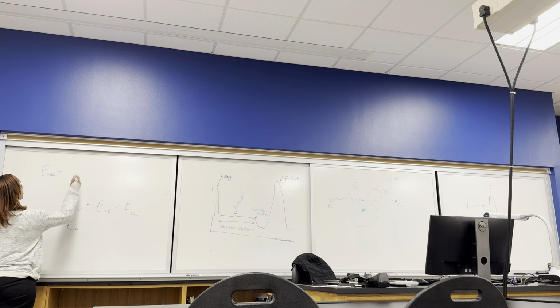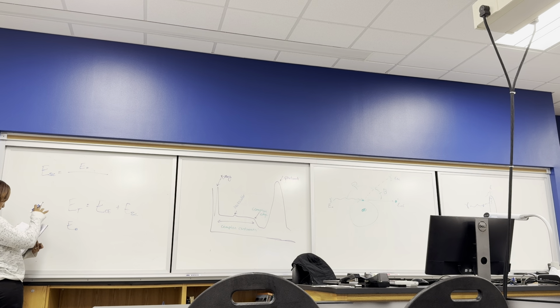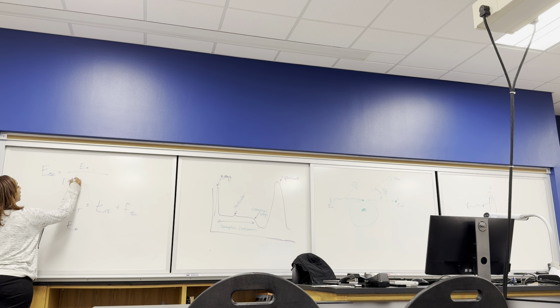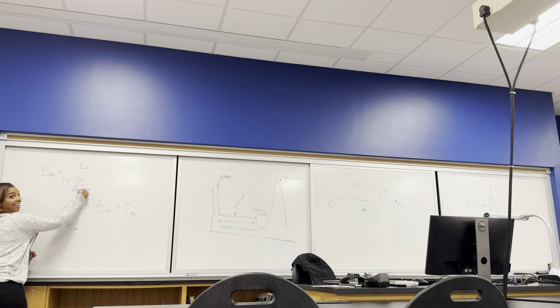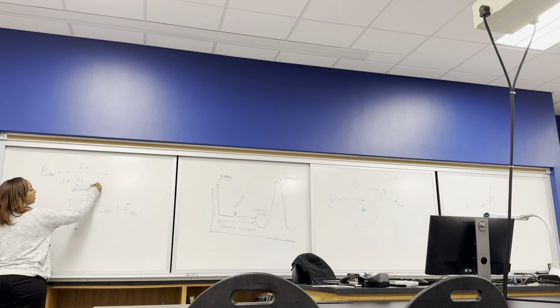I don't have it memorized either. So you have your initial energy divided by 1 plus, and this does not have a unit, okay? A couple of folks on the homework assignment would assign MeV here.